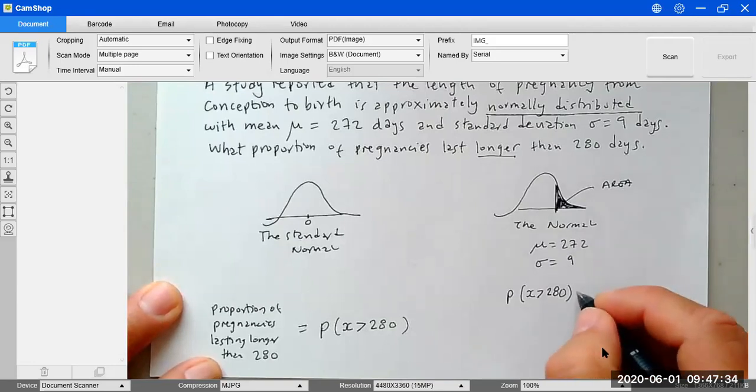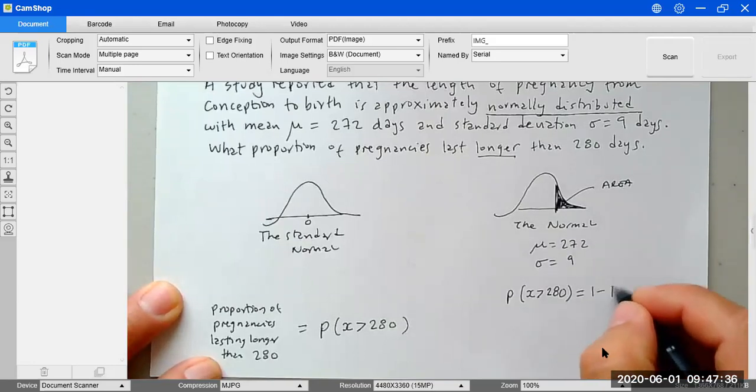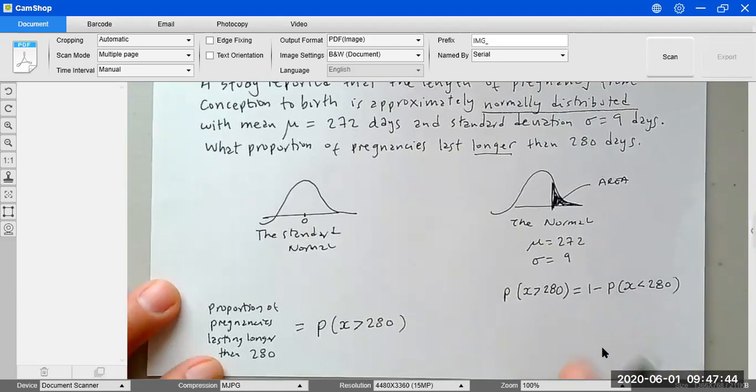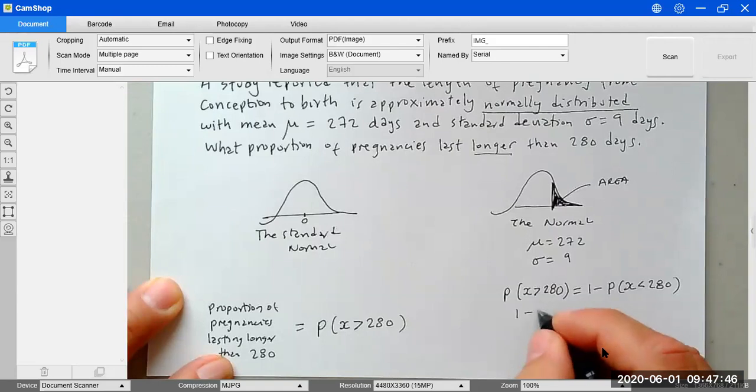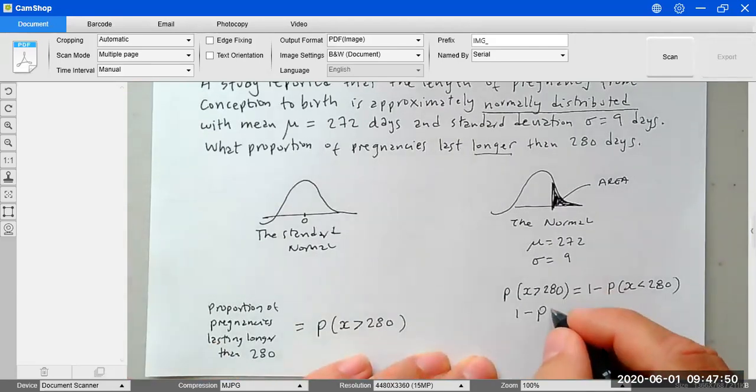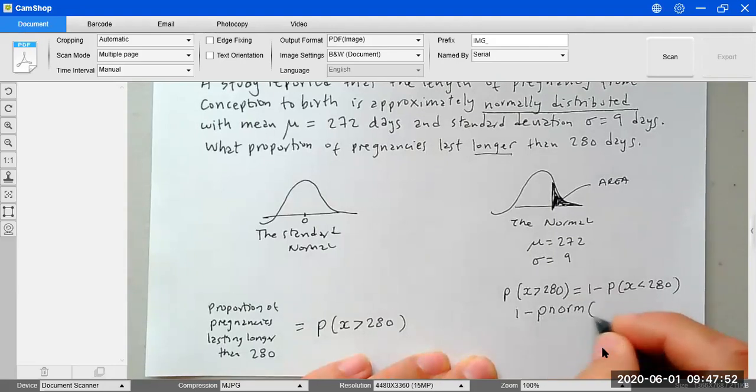So it's going to be 1 minus the probability that X is less than 280, the area to the left, and we can find that by using pnorm. pnorm takes X, mu, and sigma.